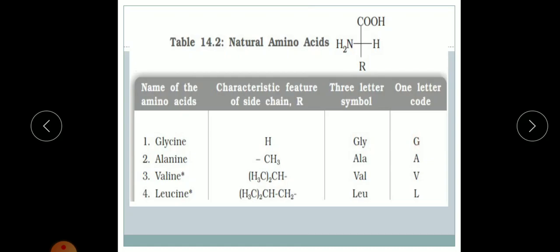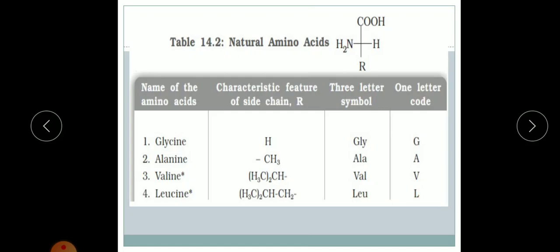So if it is glycine, this R will be H, and the 3-letter symbol is written as GLY, and the 1-letter code is only G. Alanine, R will be CH3, 3-letter ALA, and A. Valine, R will be CH(CH3)2, VAL, capital V. Leucine, that is (CH3)2CH-CH2, LEU, and capital L.